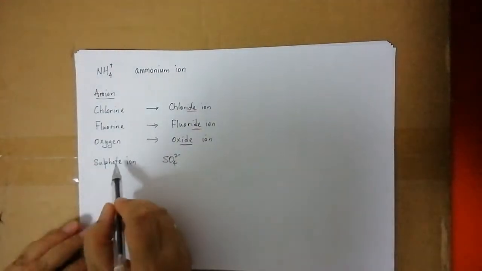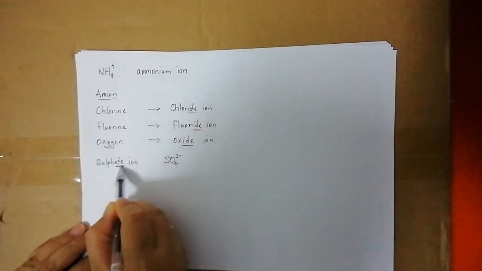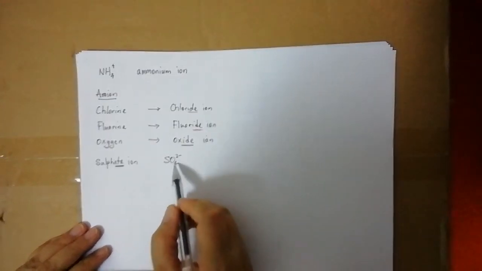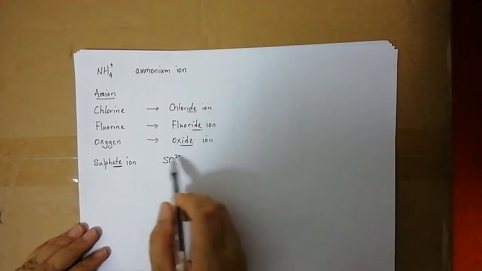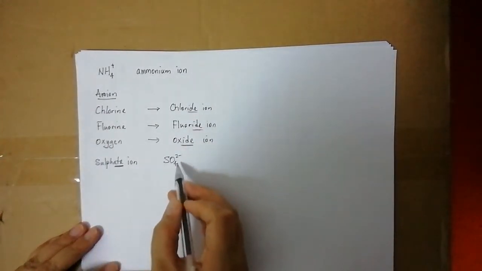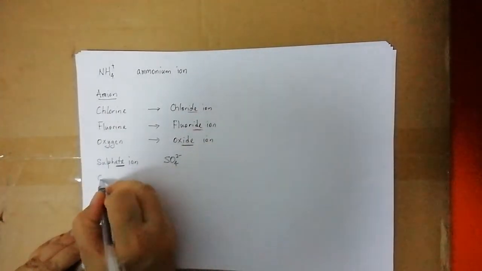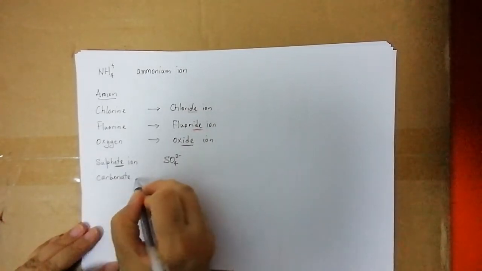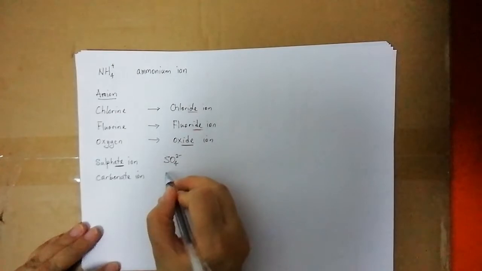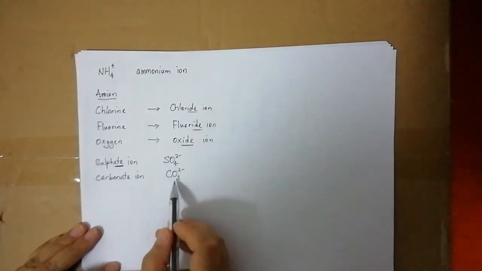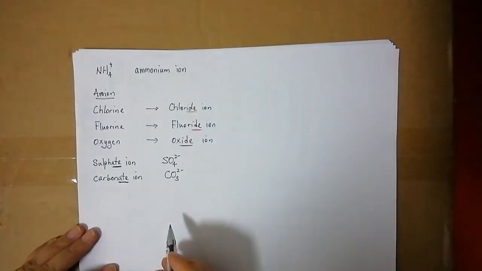So when I see the ending ATE, it means that it has more oxygen in the formula. Sulfate ion, SO4, so we have 4 oxygen here. And as for carbonate ion, we have 3 oxygen there, also ending with ATE.